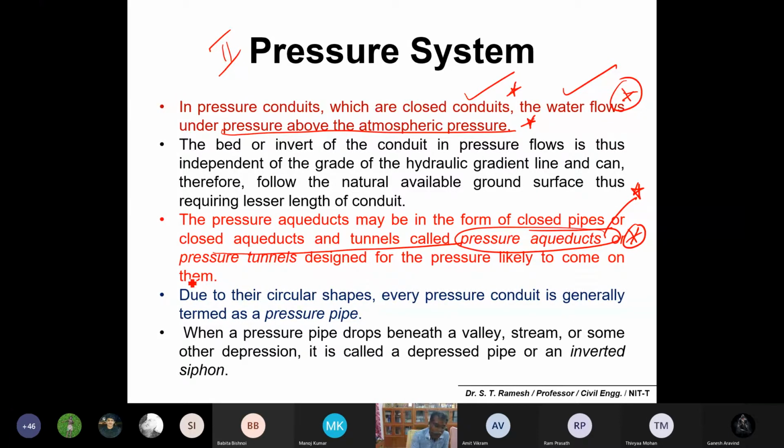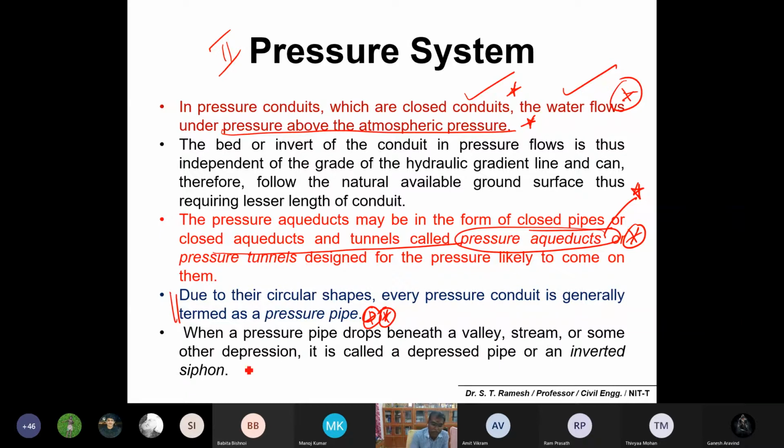Normally, due to their circular shapes, every pressure conduit is generally termed as a pressure pipe. Please make a note on this point also. Most of the sections we may design in circular shape.